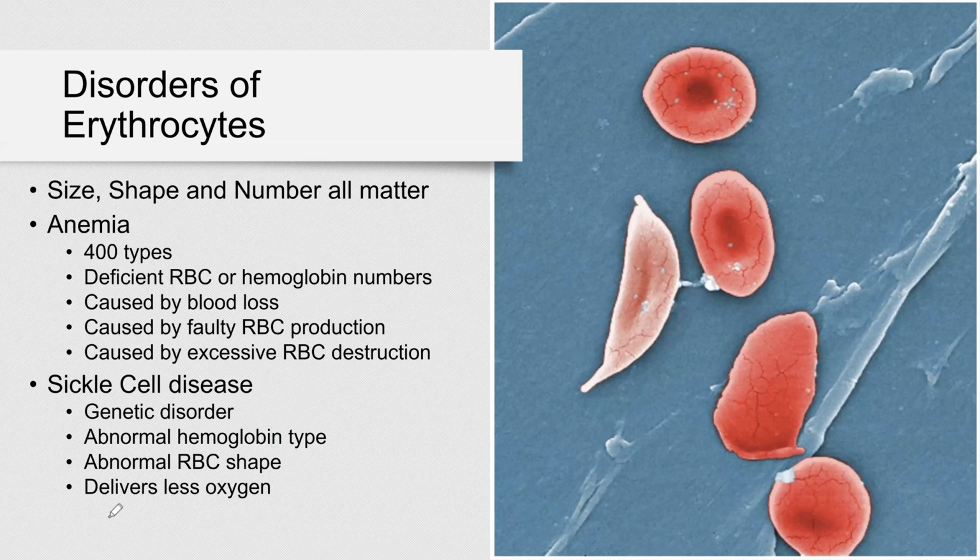As a result, those RBCs deliver less oxygen. Over here, you can see red blood cells affected by sickle cell anemia. It's not the concave shape anymore. It looks like a moon, right? That's what sickle cell is. So that's a genetic disorder.